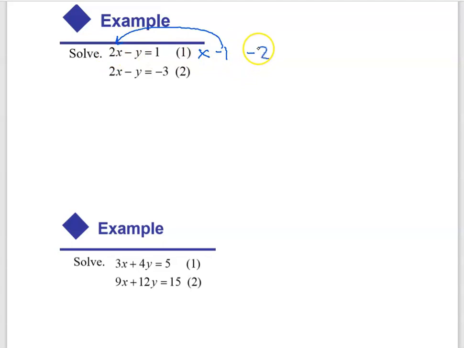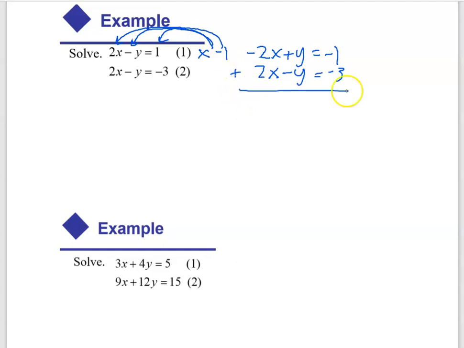So we've got negative 2x. Then we do negative 1 times negative y, which is going to end up being a positive y. Then we've got our equal sign, and then negative 1 times 1, negative 1. And all I did was rewrite the bottom.